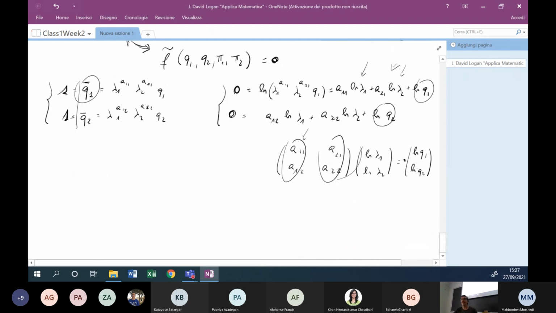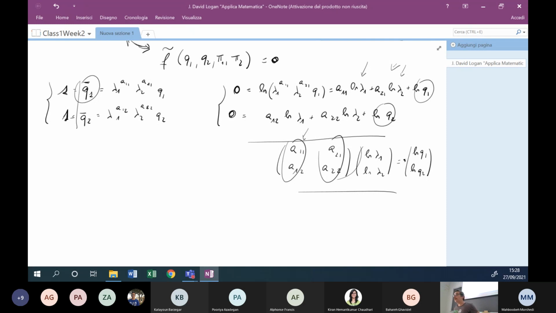Now, since these two vectors are independent, this means, by an important and fundamental theorem of linear algebra, that this linear system has a solution, and there's just one solution. What does it mean?